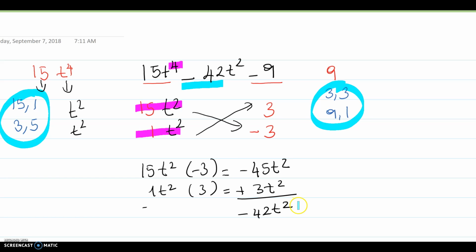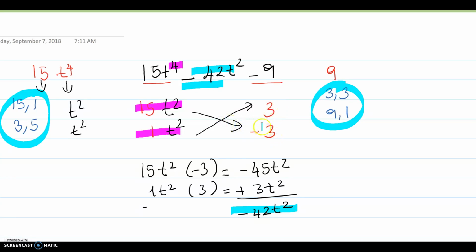This is the yay moment because negative 42t squared is the term in the middle. So what we've done, we are good to go with our replacements and the factors, meaning that I can choose factors of 15 as 15 and 1 instead of 3 and 5. And I can choose multiples of 9, 3 and negative 3 instead of 9 and 1.